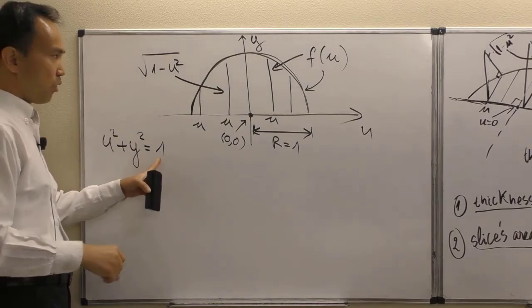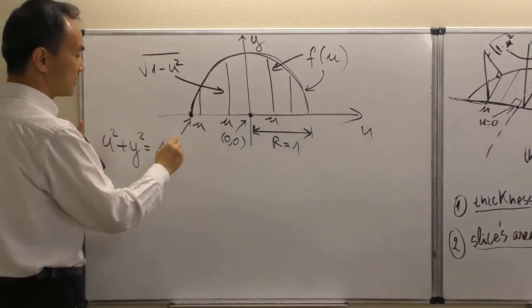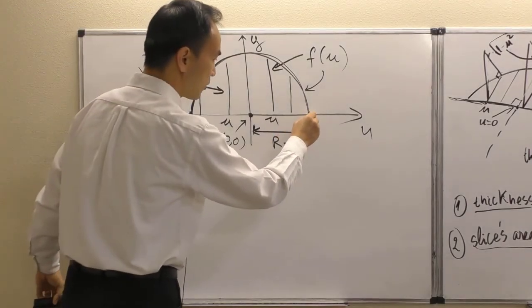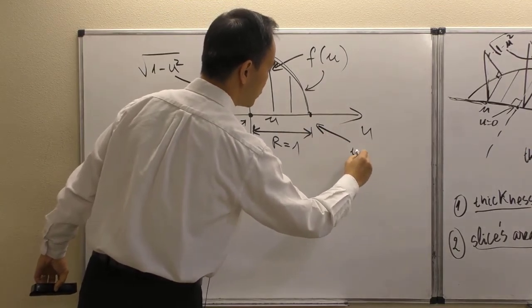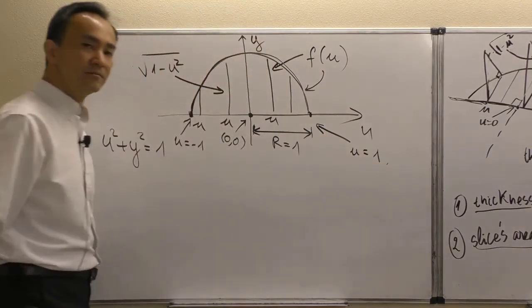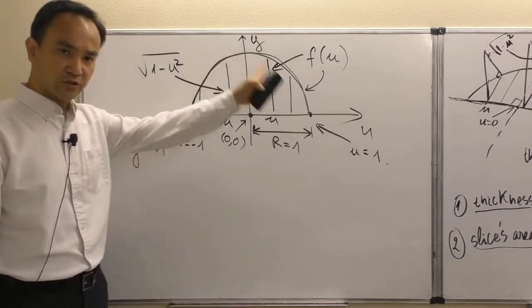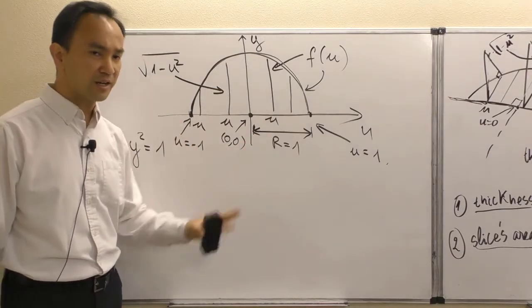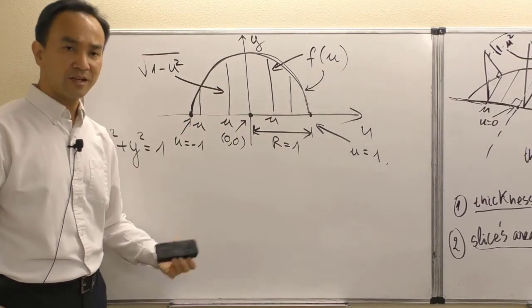Okay, radius 1. So the very far left here has to be u equals -1. And the very last one on the right-hand side is u equals +1. It's the way it is with any circle. There are many ways to verify what I'm doing here, so allow me to just mention it without a solid verification.